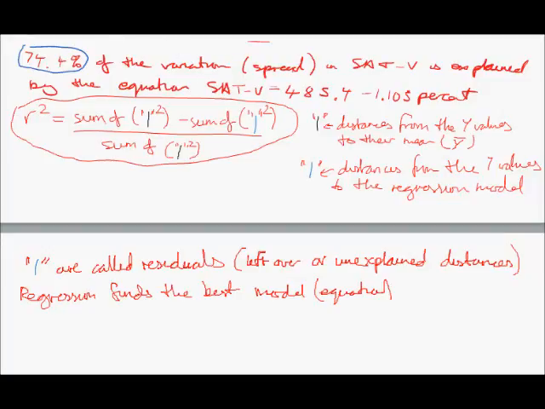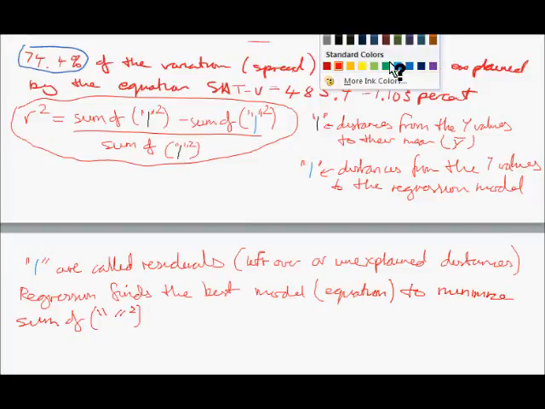So regression finds the best model or equation to minimize the sum of those residuals squared. This blue line squared.